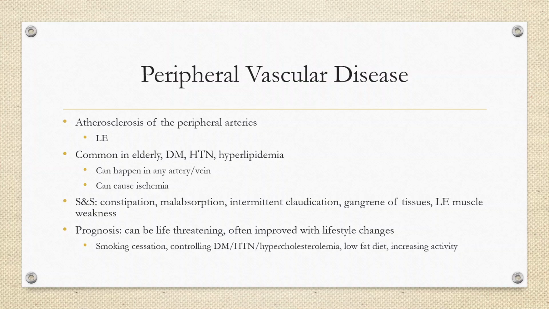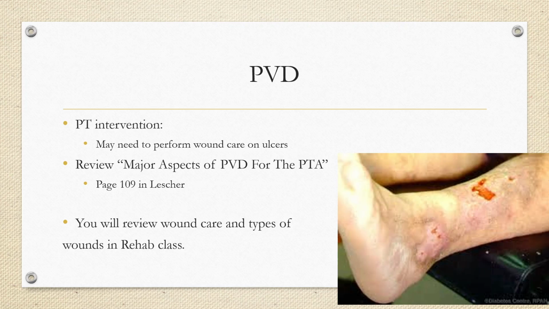This can be life-threatening in some individuals, but improving lifestyle choices can be really helpful, like changing diet and activity, but also stopping smoking and getting things like diabetes and high blood pressure under control. You will probably review this in your special topics class a little bit more about the wound care, but wound care and then working on endurance training is really important for these individuals.